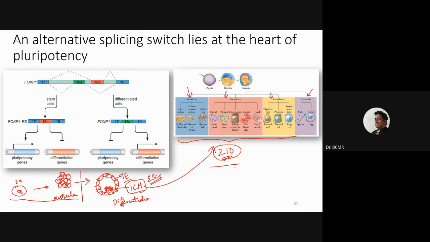Assume that we start somewhere here, this should be the ICM, and the ICM will develop into the primordial germ layers, that is ectoderm, mesoderm, and endoderm, and they will further divide or differentiate to form different types of cells. So pluripotency is the ability to give rise to all types of cells.